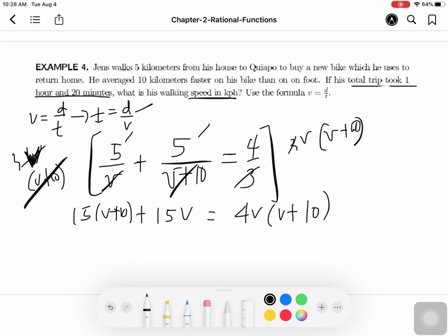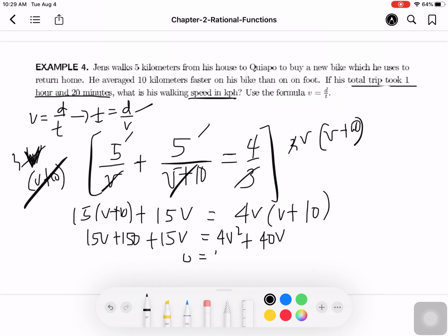So distribute: 15V plus 150 plus 15V equals 4V squared plus 40V. So since this is quadratic, we set it to zero.